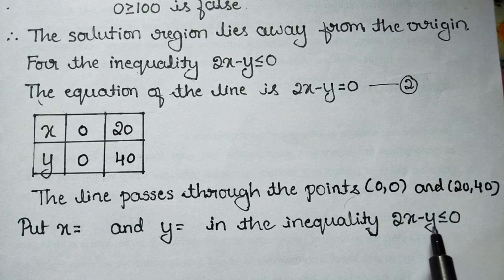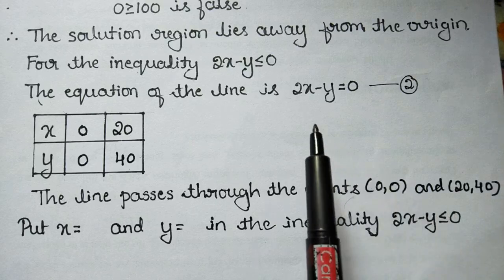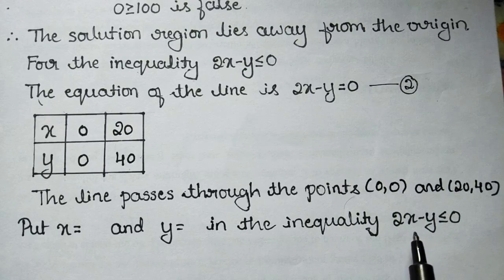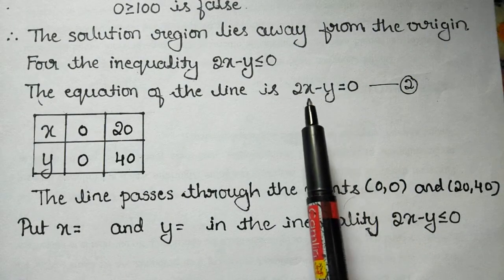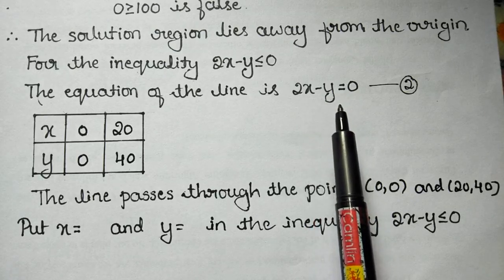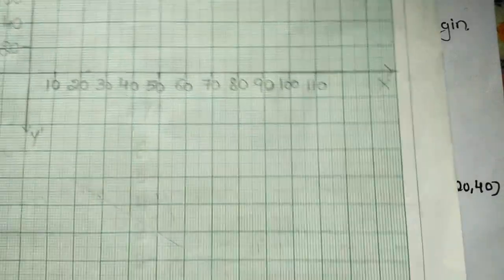Here equality holds, then the origin will always satisfy the inequality, either it is a less than or equal to or greater than or equal to sign. So this doesn't give us any idea about the solution region of the inequality. To find the solution region, we first draw the line of this equation in the graph and then we check for the solution region. So look at the graph.